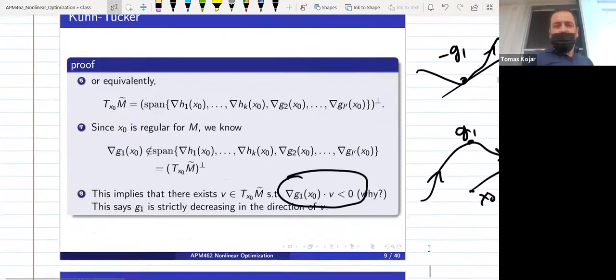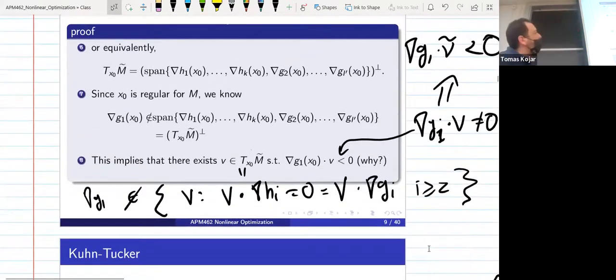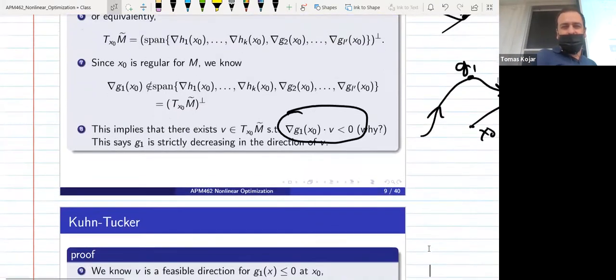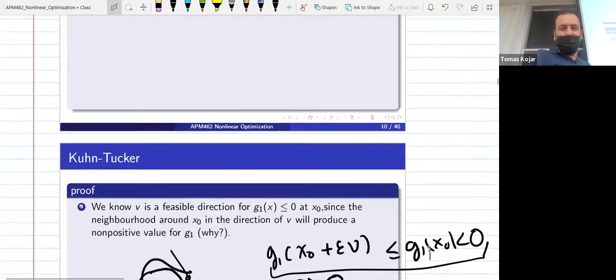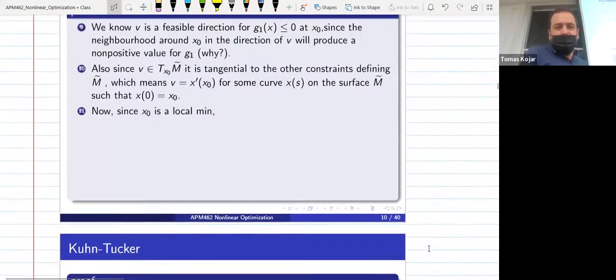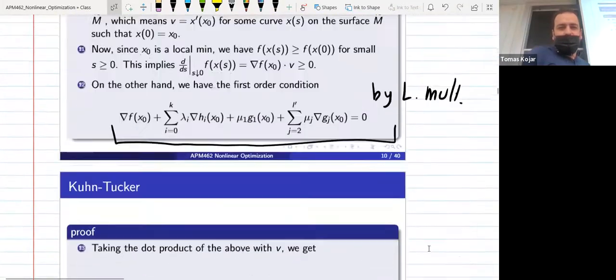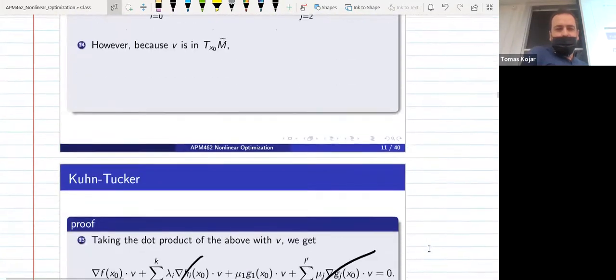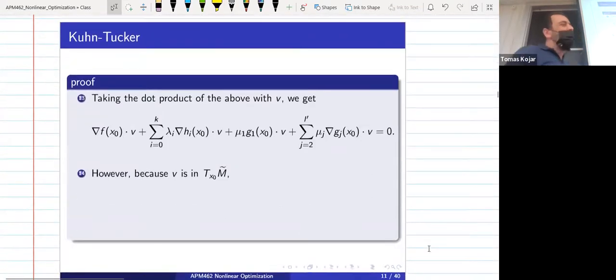Yeah, and so you show that this vector, gradient of G1, would be strictly negative. So we talked about this. Yeah, let me go backwards. Here. So, good. This is a gradient here.